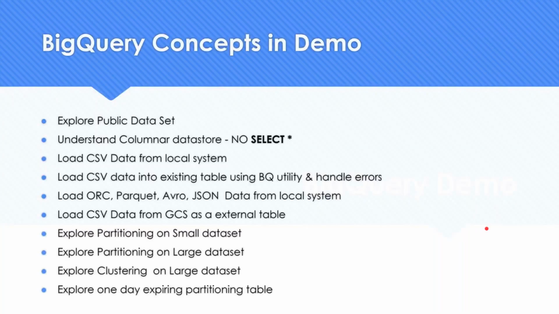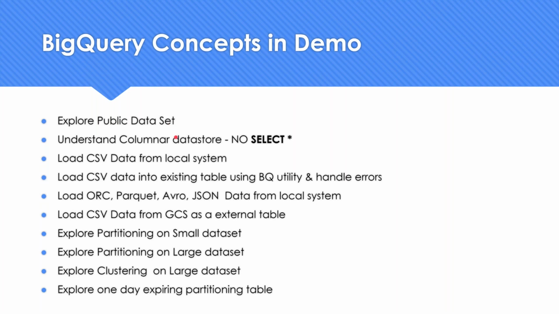We have almost nine or ten demos. We'll first start by exploring a public data set. Then we'll understand the one thing you should never do in BigQuery, not only in BigQuery but in any warehouse: select star. If you do select star, it is not recommended.